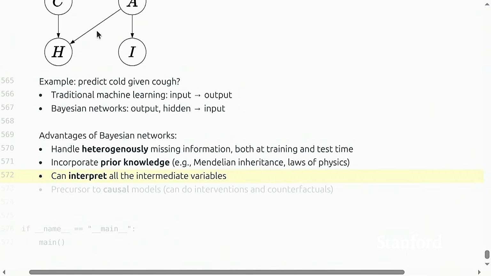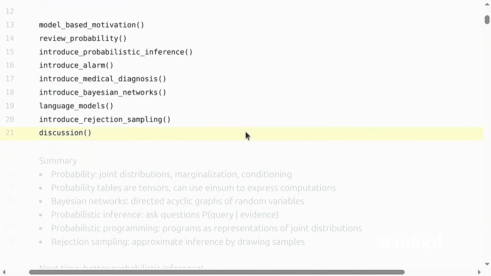You can interpret all the intermediate variables here. It gives you interpretability, which is often missing from big end-to-end systems. And then you can answer questions about causality, which is beyond the scope of this class, but Bayesian networks give you a way to do that.